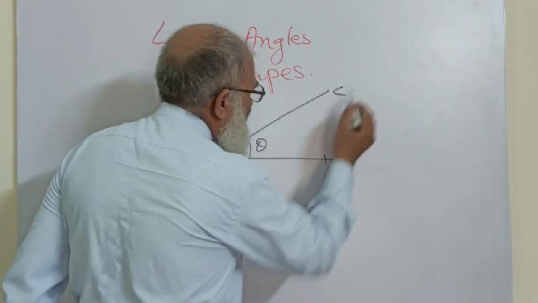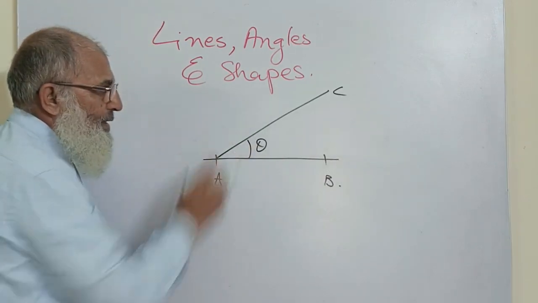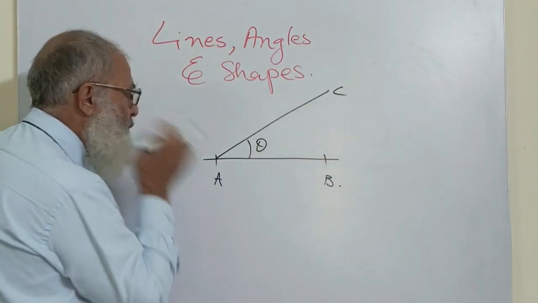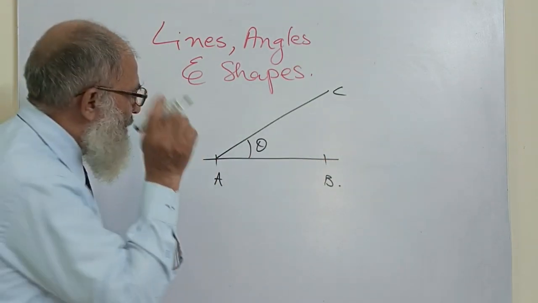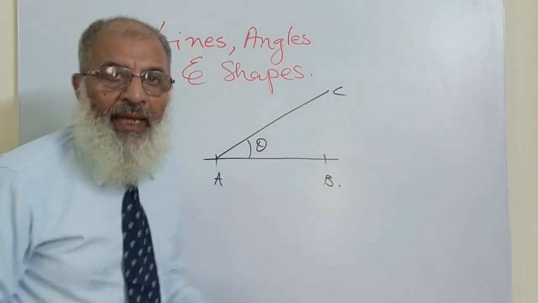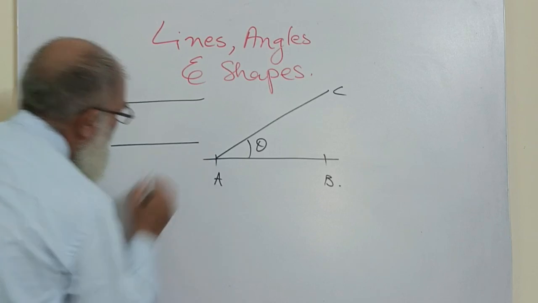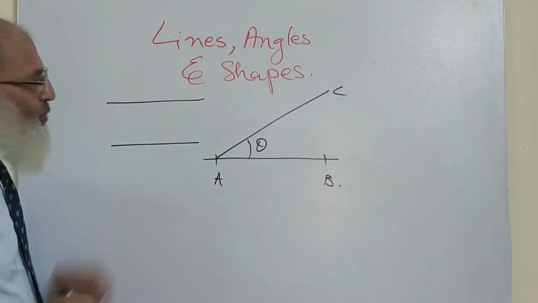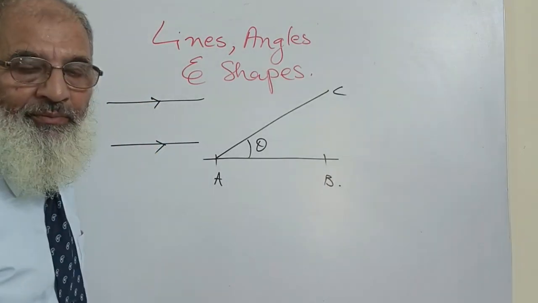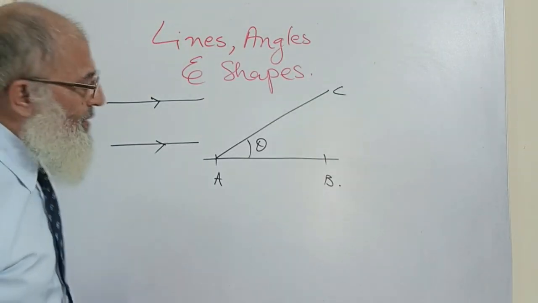Now, my dear students, these were two lines, and if I do not fix this one point, this one end, which was called the vertex in the angles, what we did was we draw two lines and give a hint to you that these are parallel lines, because this arrowhead means that this is a parallel line.